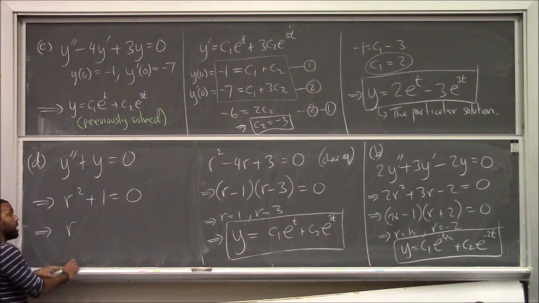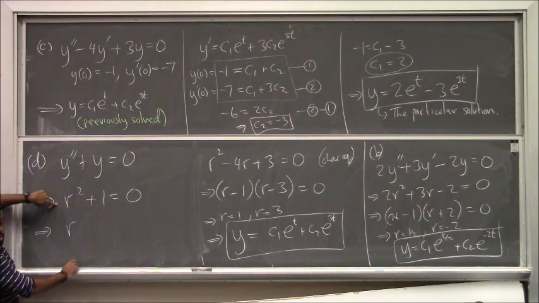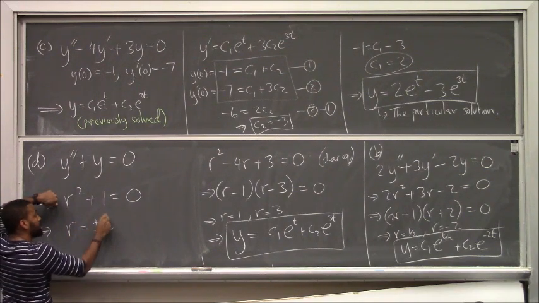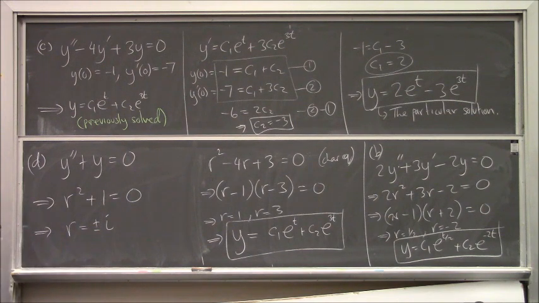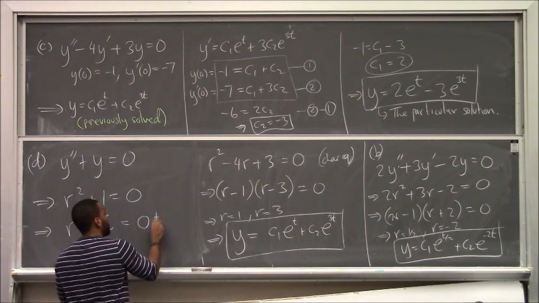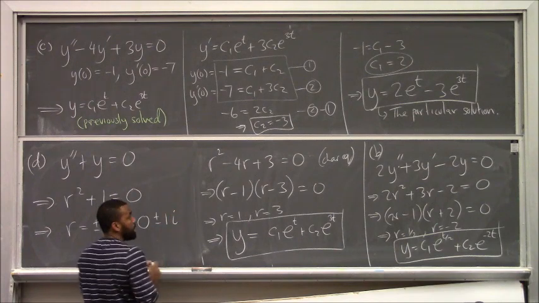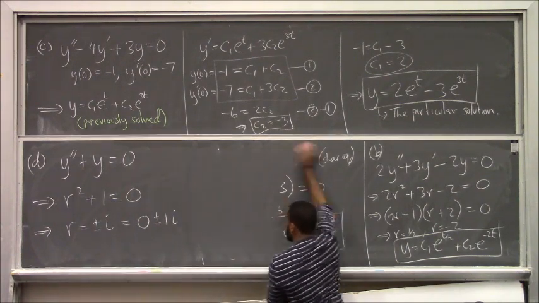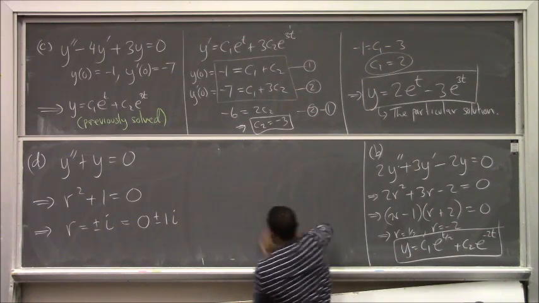Okay, so r squared plus 1, this means of course r squared is equal to minus 1, or r is plus or minus i. So this means we look at this as 0 plus or minus 1i, and we plug into the formula that I erased. But ultimately we're going to get all the answers.